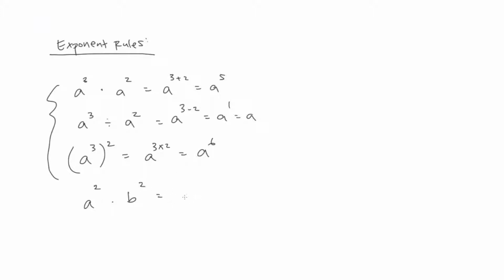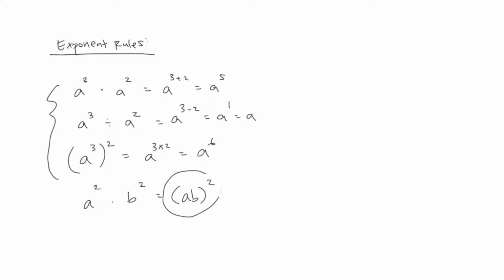Well, in that case, we can multiply the bases and keep the exponent. So it's one or the other. You have to have the same bases, and then if it's multiplication, you add the exponents, or if it's division, you subtract the exponents, or if it's like this, you multiply the exponents. In this case, the exponents are the same, and so we multiply the bases.